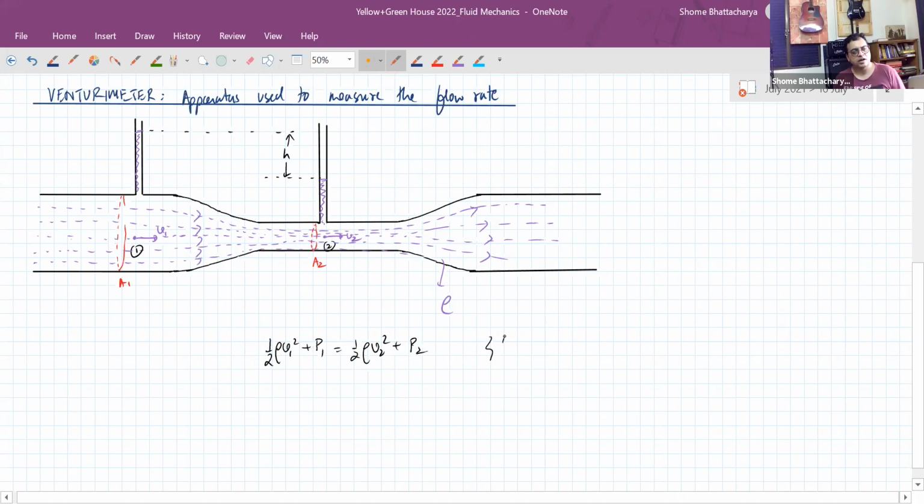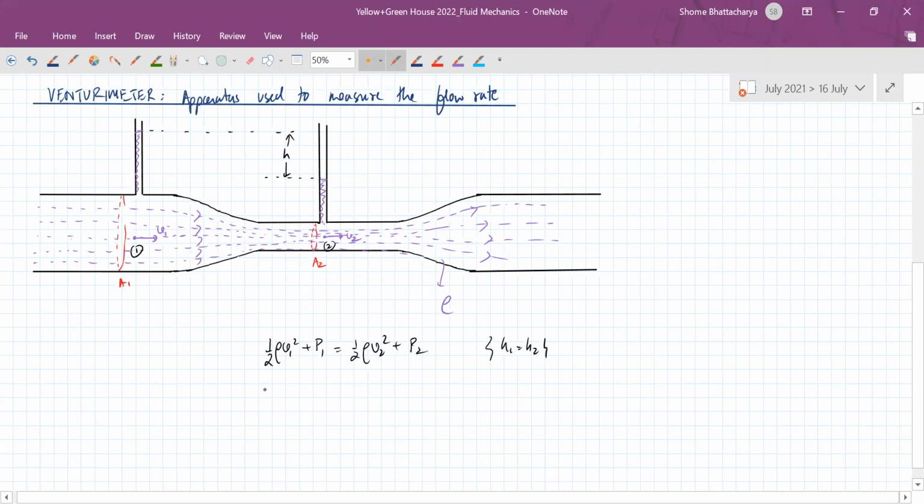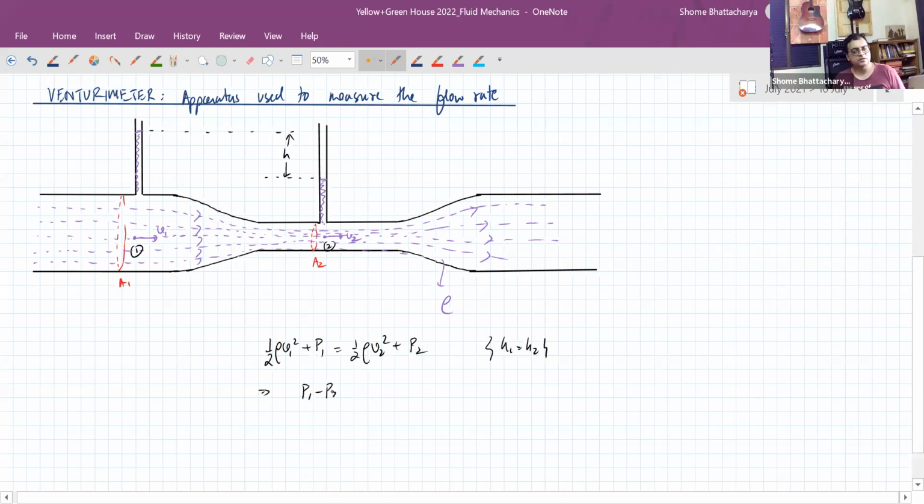Their heights are the same because they are at the same horizontal level, so that factor cancels out. So this pressure difference P1 minus P2 is equal to half rho times V2 square minus V1 square. This is our first equation. And then second, we also have that A1 V1 is equal to A2 V2.